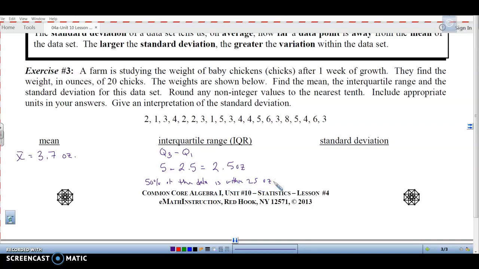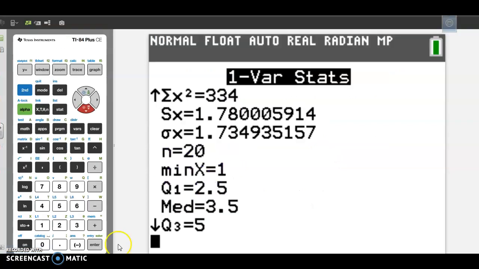Okay, so that tells us how spread out it is. And then the standard deviation of the population, which is this symbol right here. If I go back to here, that is going to be approximately, rounded to the nearest tenth, 1.7 ounces.